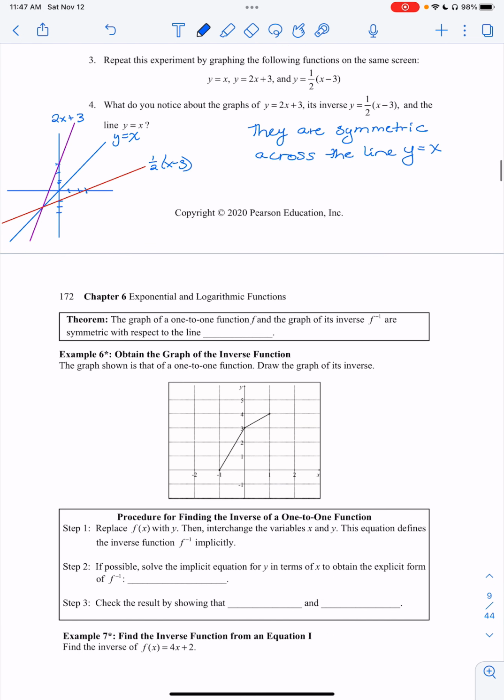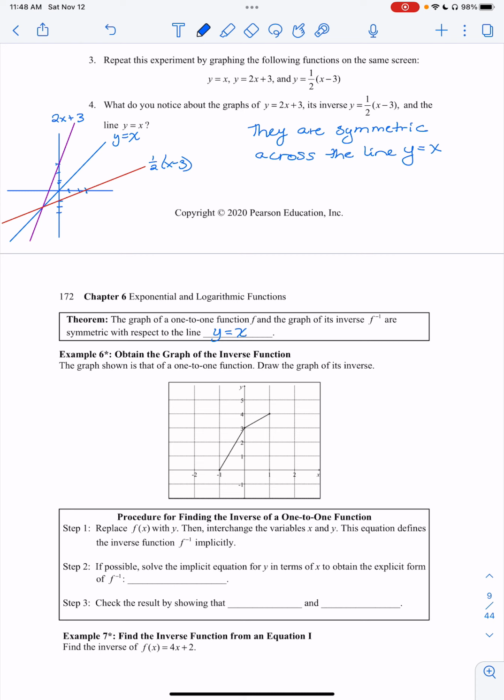All right, so the theorem that we have here on the top of the next page is that the graph of a one-to-one function f and the graph of its inverse, f inverse, are symmetric with respect to the line y equals x. So if we look at the graph here, for me this one was hard to see. You can look online.